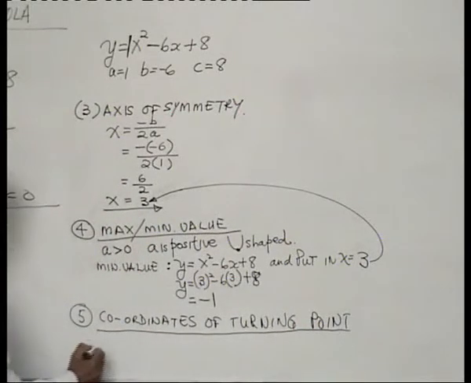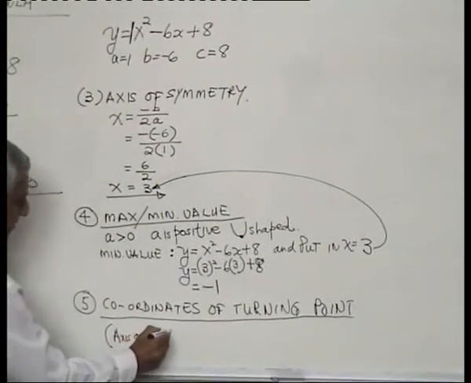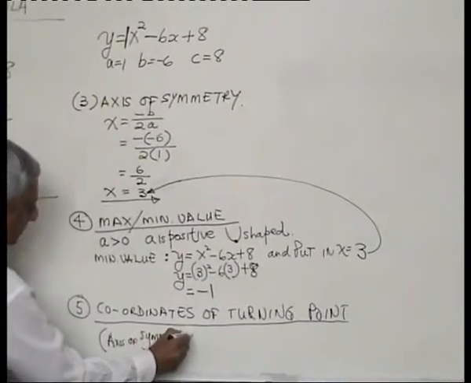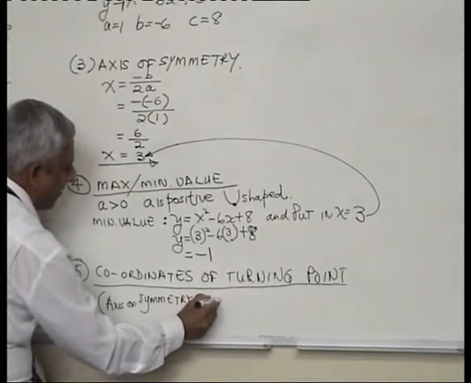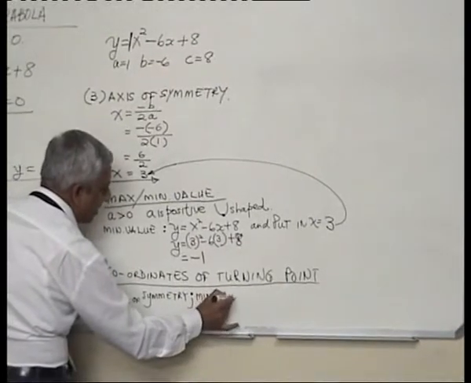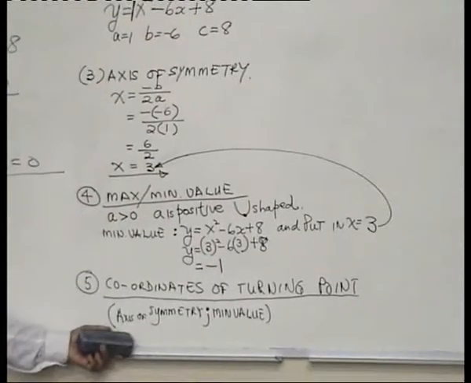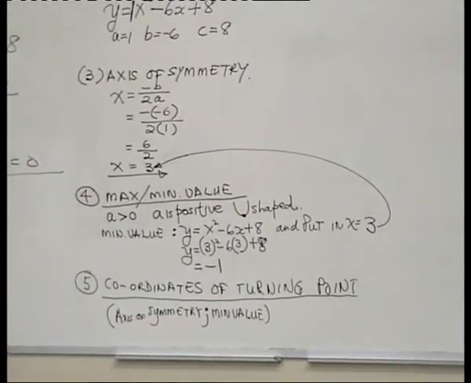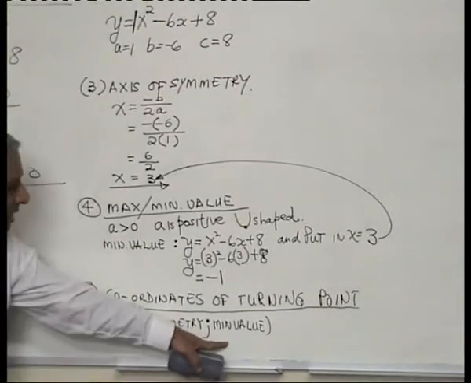Alright, so this is very easy. The coordinates of the turning point is actually made up of the axis of symmetry and the minimum value in this case. In some examples it will be minimum value, in some examples it will be maximum value. In this case, because we've got minimum value, it will be axis of symmetry and minimum value. In another example, if you've got maximum value here, then it will be axis of symmetry and maximum value.